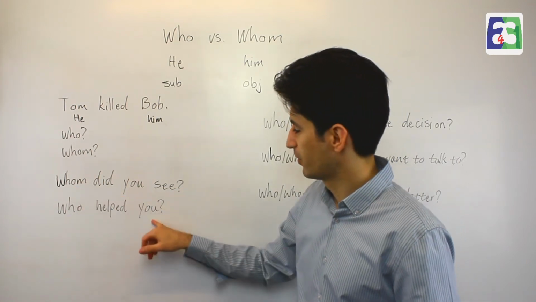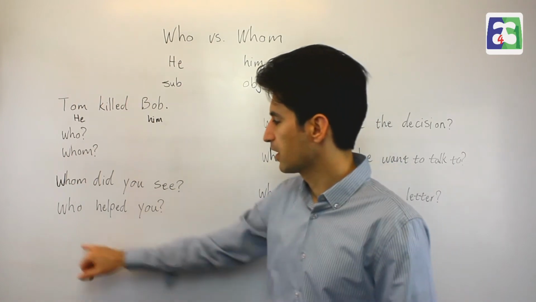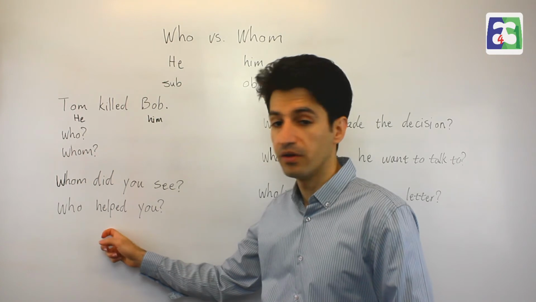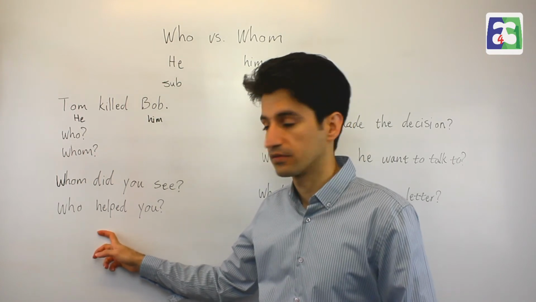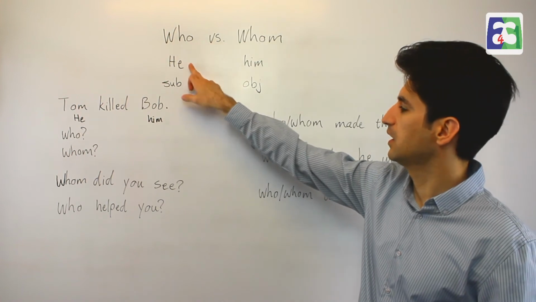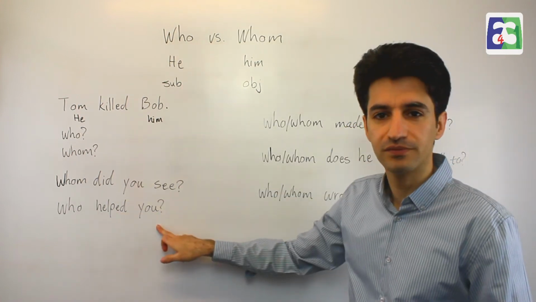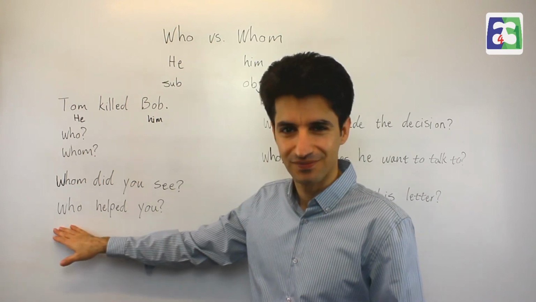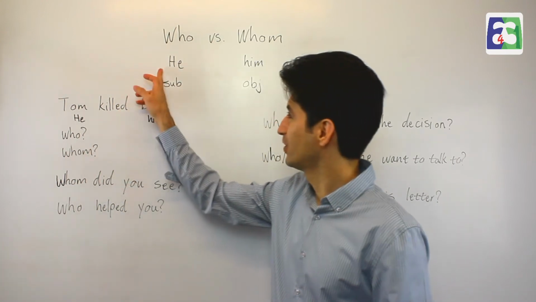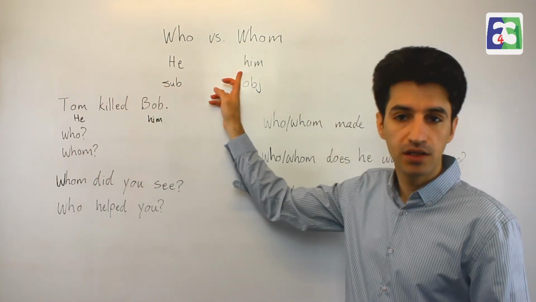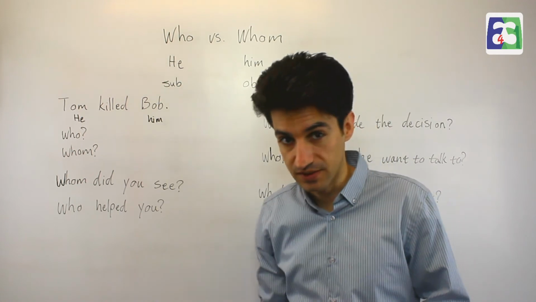Okay, or again, I've got you over here and this is after the verb. So this should be the object of the sentence. And also, who asks about he. He helped you. Okay, I want to know who this he is. Then I ask who. Okay, so who to ask about he, and whom to ask about him or the object of the sentence.